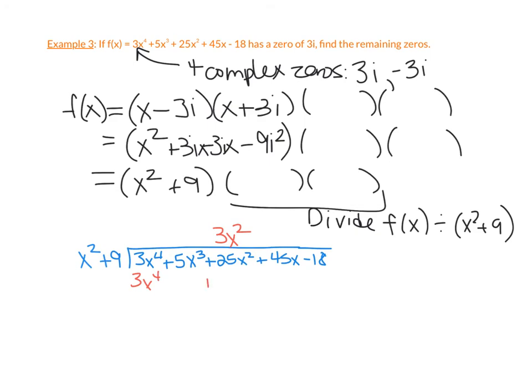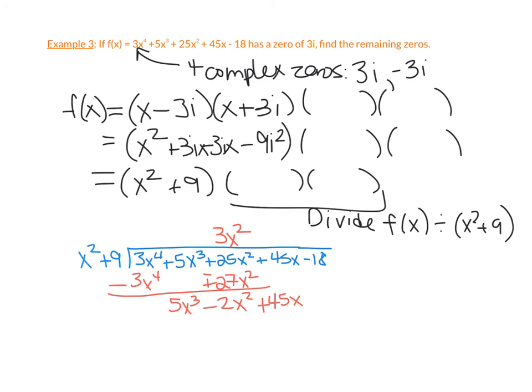I do want you to notice that I'm going to put the 27x squared underneath the 25x squared. Change this to subtraction. And I also have to bring down that 5x cubed. So don't forget that step there. And I am also going to bring down the 45x.